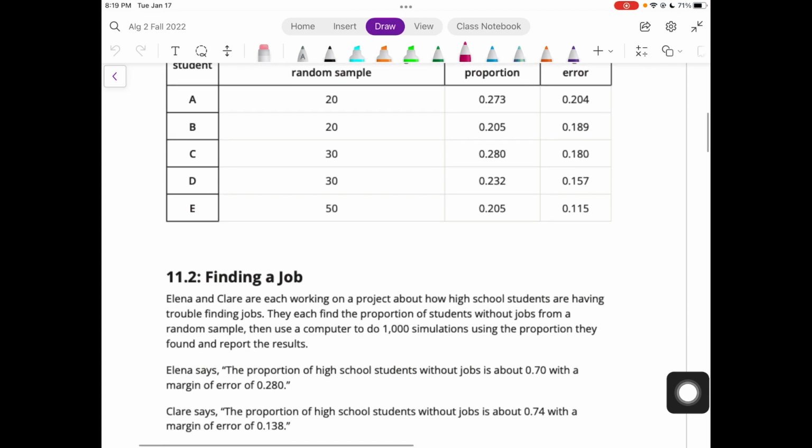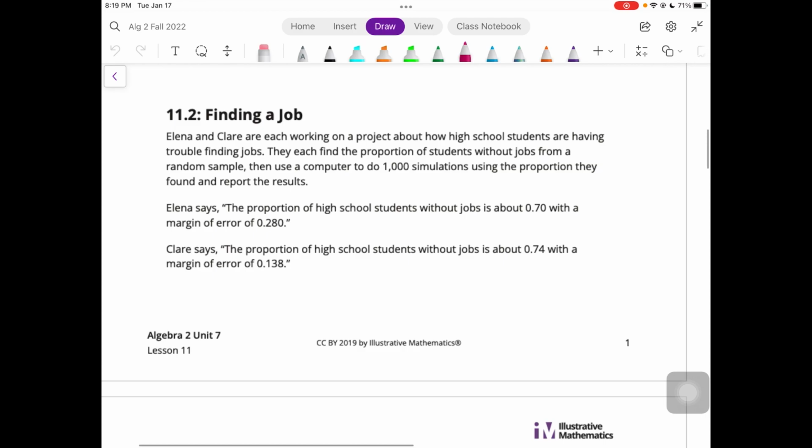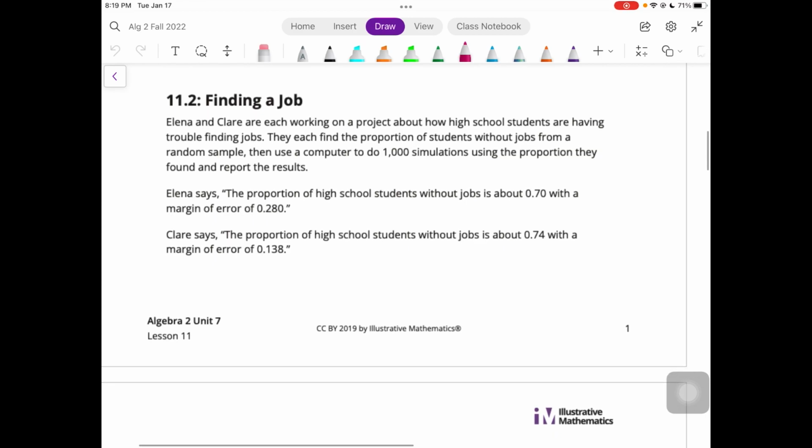All right, so let's take a look at 11.2. Elena and Claire are each working on a project about how high school students are having trouble finding jobs. They each find the proportion of students without jobs from a random sample, then use a computer to do 1,000 simulations using the proportion they found and report the results.